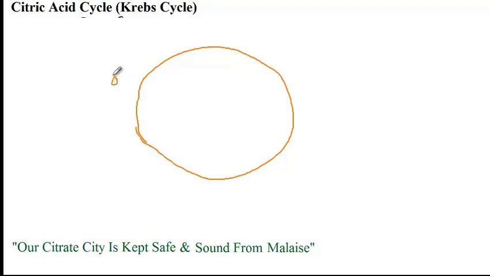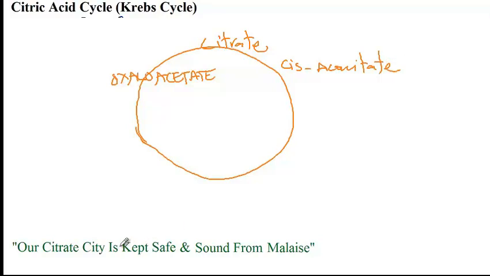R stands for oxaloacetate. Citrate stands for citrate, that's easy. City stands for cis-aconitate. Is stands for isocitrate.